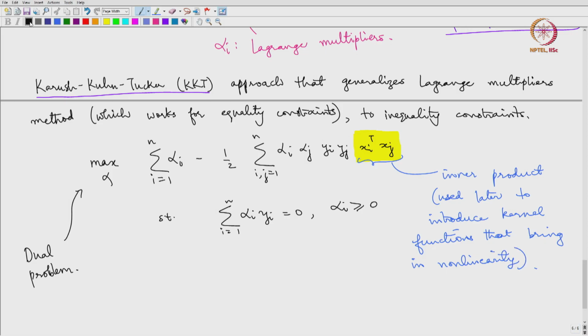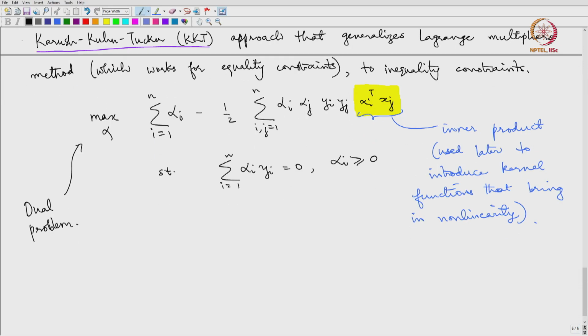Okay. So, what happens now, right? Alpha i plays a very important role here. Alpha i greater than 0 corresponds to the support vectors, and alpha i equal to 0 corresponds to basically other points not on the support vector.